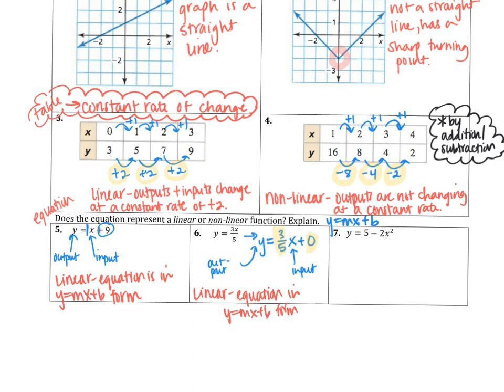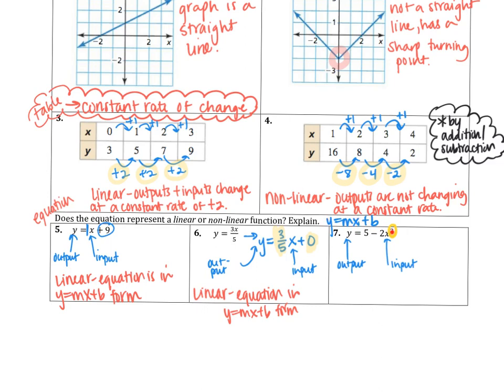All right, for number 7, this kind of looks like y equals mx plus b form. I've got an output, and I have an input, but I realize this input is being squared. That is not a characteristic of something that is linear. Something that is linear is not going to have an exponent connected to its input or its output, okay?